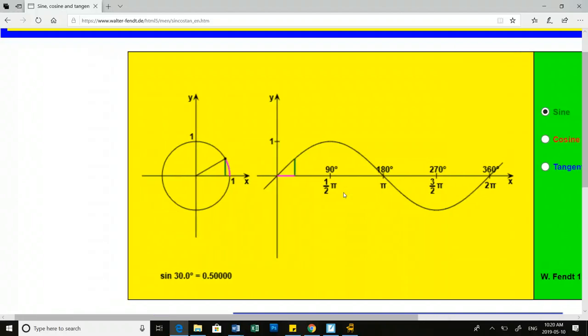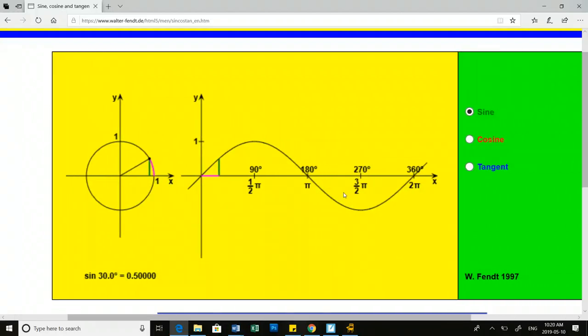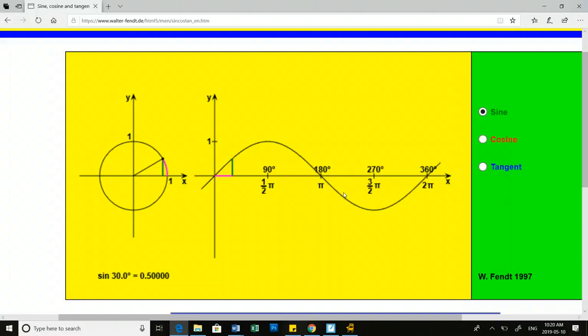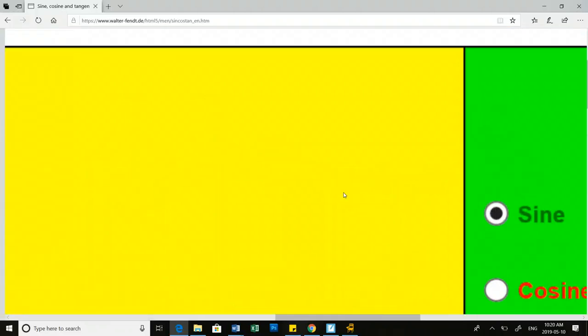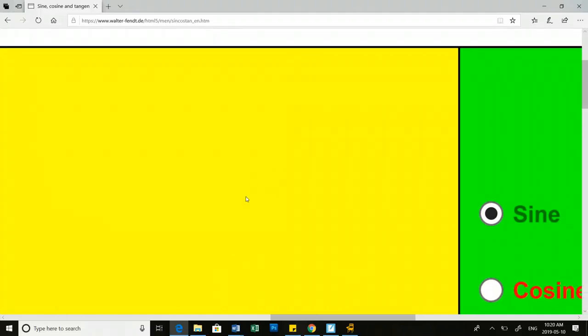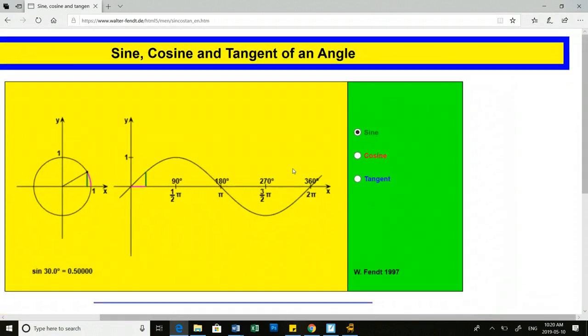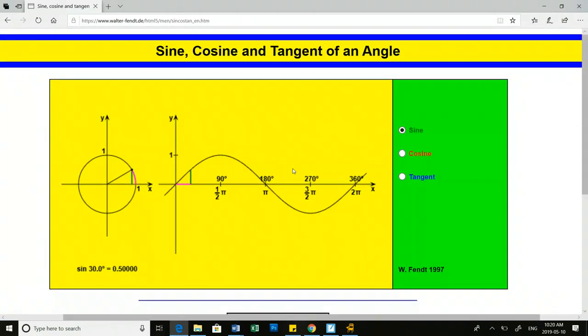For cosine, we get adjacent over hypotenuse, which is x over r when we set up our x, y, and r. And cosine, when we plug in our unit circle radius, which we said was 1, we actually get x over 1.